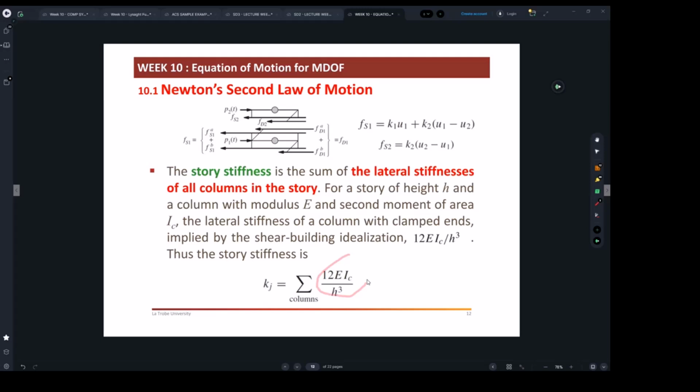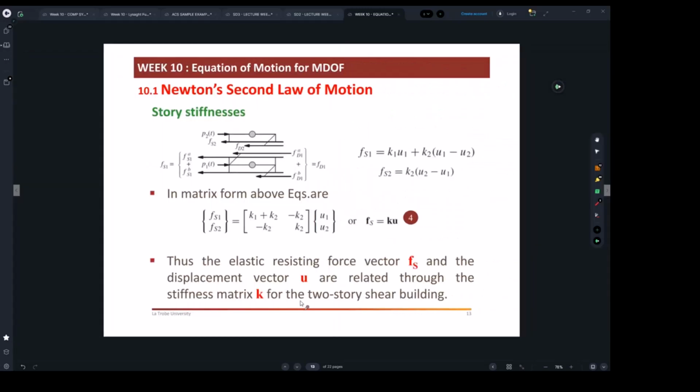I won't ask you to guess or assume, because this formula, as you know, depends on whether the bottom of the frame is pinned or fixed or roller support and all those kind of arrangements. We will give you this. The only thing you need to consider is if you have 3 columns or 2 columns, you have to multiply by 3 or 2. And you're going to see that with the examples.